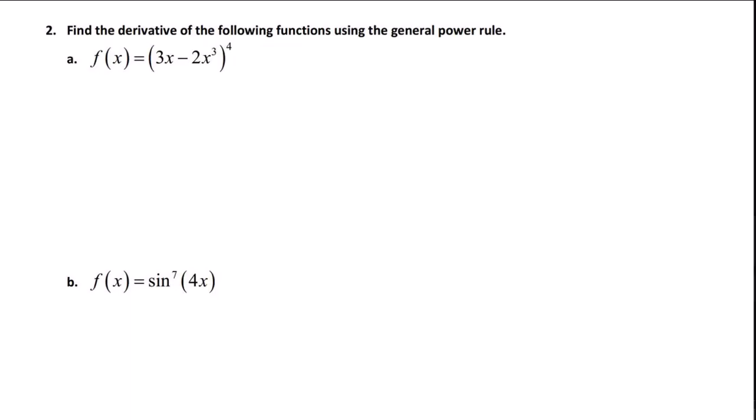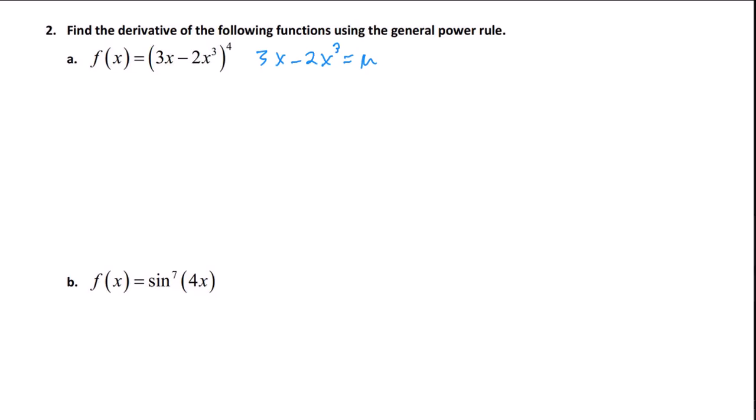All right, we've got 3x minus 2x cubed to the 4th power. What's our inside part here? 3x minus 2x cubed. Let's let that be u. And you don't have to keep writing the u over and over and over again, but just right at the start I think it might help you.